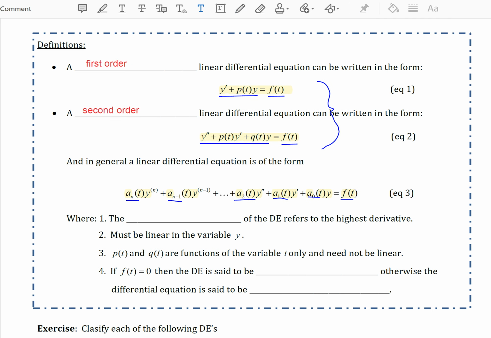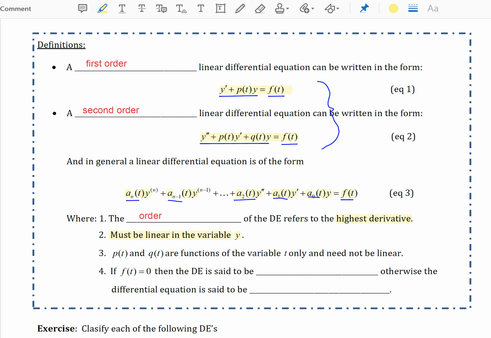Recall other definitions. We said that the order of the DE refers to the highest derivative that's present in our differential equation. Our differential equations must be linear in the variable y.